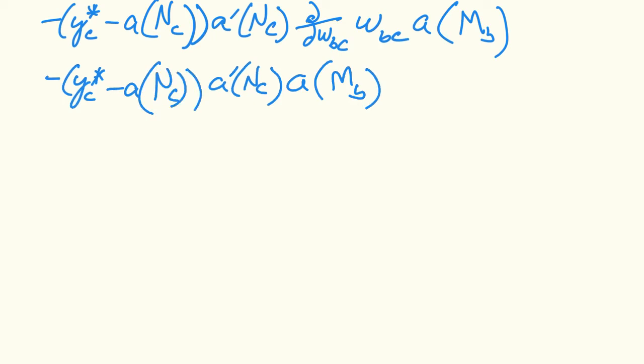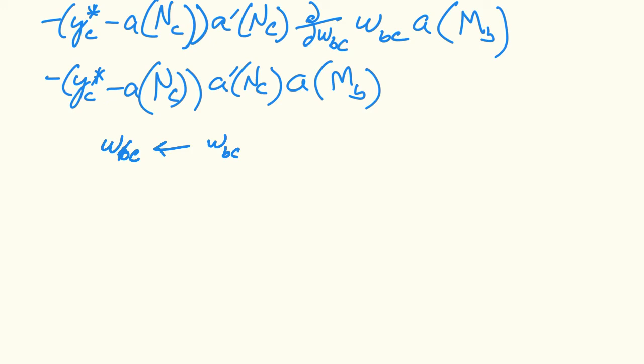We get that. So this gives us the learning rule that says we take WBC weight and we want to update it by taking WBC and then moving.